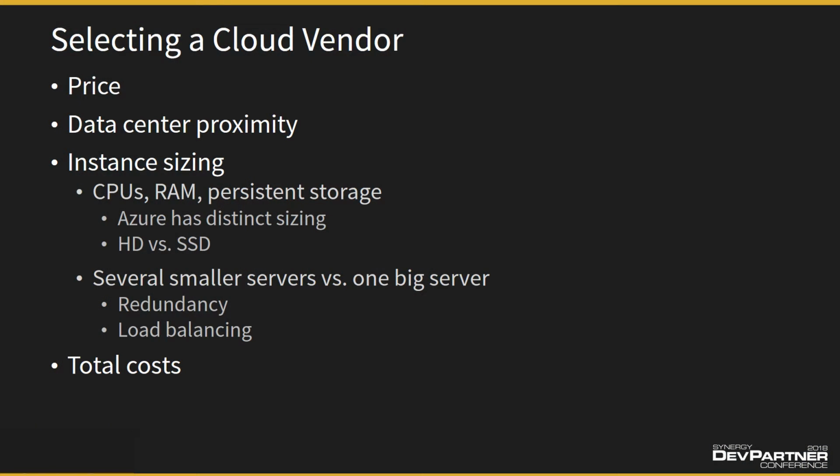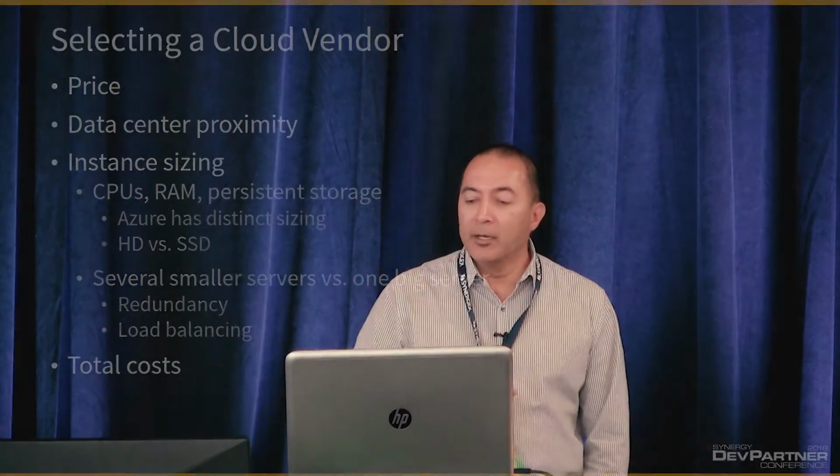One thing about Azure, and I don't know whether this is true with other cloud vendors, you're limited to distinct instances of a server. So you can't just simply say, I want a Xeon, 8-core, hyper-threaded machine with 128 gig of RAM.